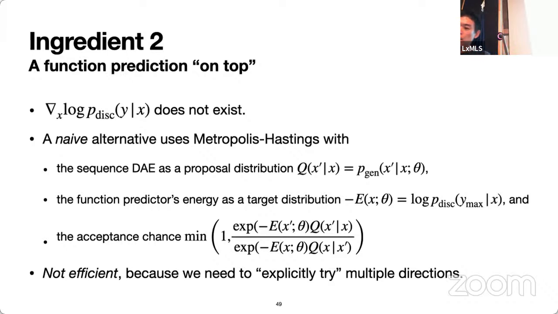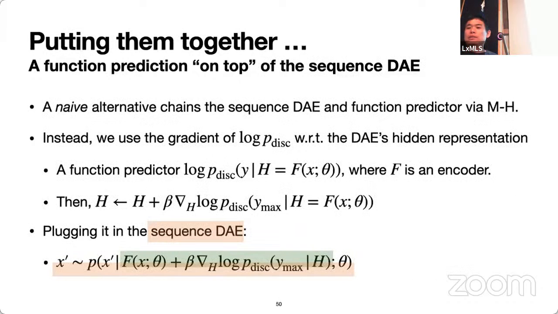I'm not even sure what it means to compute the gradient there. So instead, we plug this classifier on top of the generative model, the sequence denoising autoencoder we have. We train a sequence denoising autoencoder first on a large amount of unlabeled examples. Once training is done, right before the length transformation, we plug in the classifier on top to predict the functions.